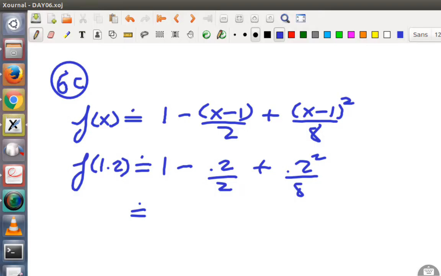So we approximate f of 1.2 as 1 minus 0.1. Let's see, 0.2 squared is 0.04, divided by 4 is 0.01, divided by 2 is 0.005.